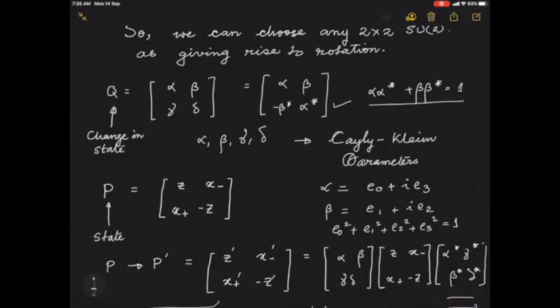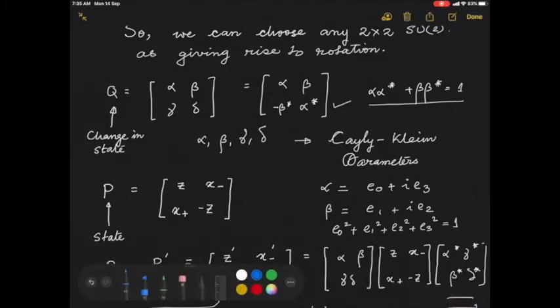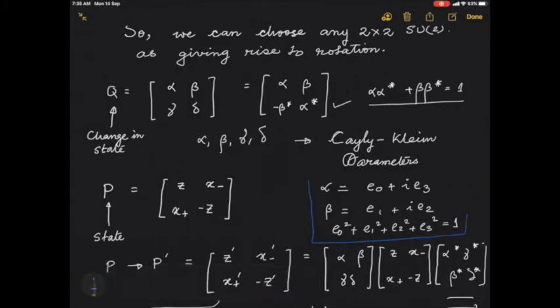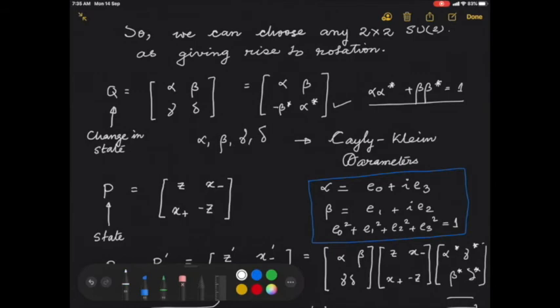This is another interesting way of representing the same thing in terms of these parameters E0, E1, E2 and E3. There are 4 parameters, so I needed one condition, and that is that condition: E0 square plus E1 square plus E2 square plus E3 square is 1.